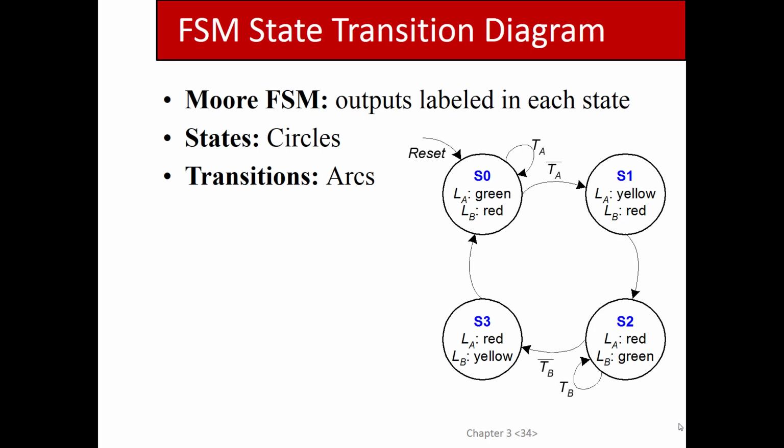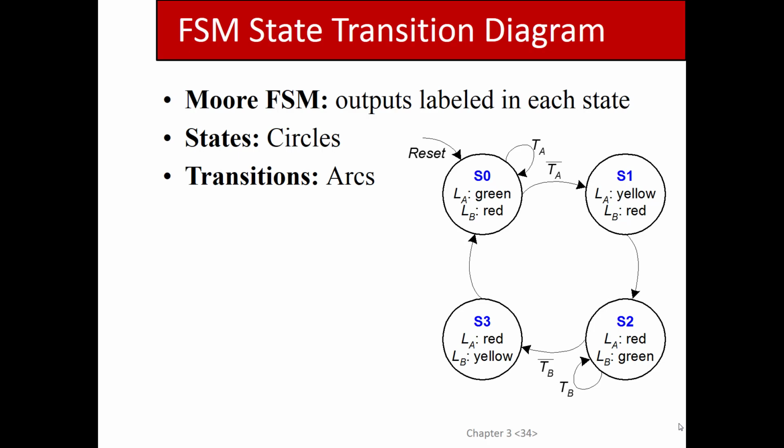If I'm in S0 and I have no traffic on TA, and again, TB would be a don't care, then I want to go to S1. So this row represents my loopback transition, and this row represents my transition from S0 to S1, right?